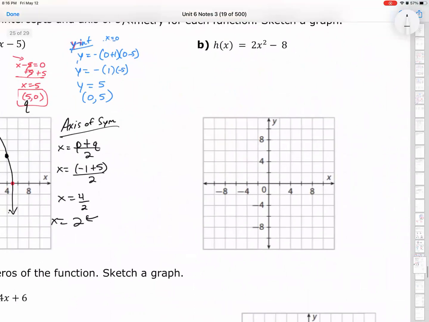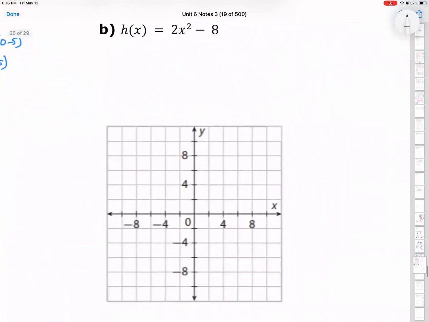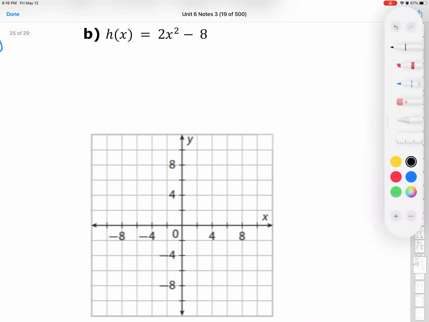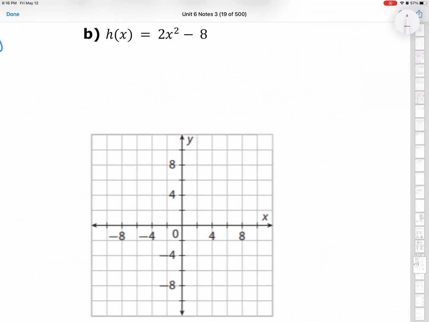Now B is slightly different because it kind of is in more standard form. So to find the x-intercepts, we know that we have to set the y value equal to 0. So that's exactly what we're going to do. There's a couple different ways you can solve it, but we'll just solve like normal. So we'll add 8 to both sides.